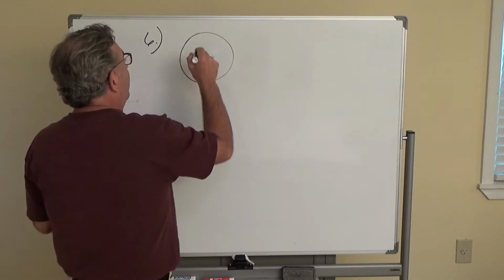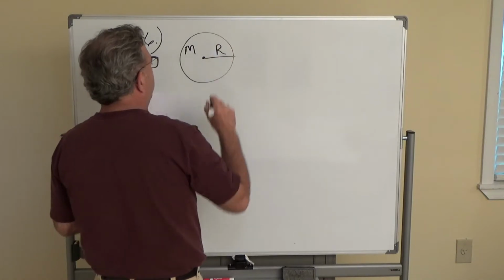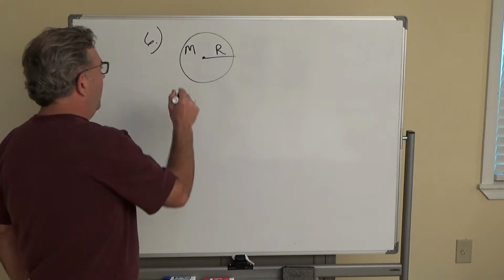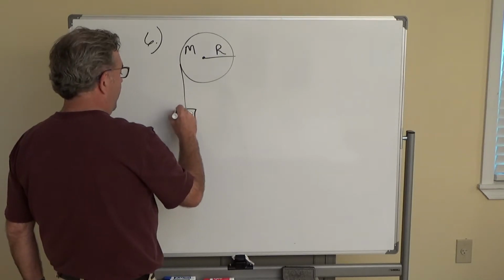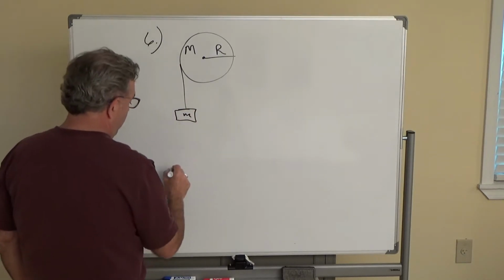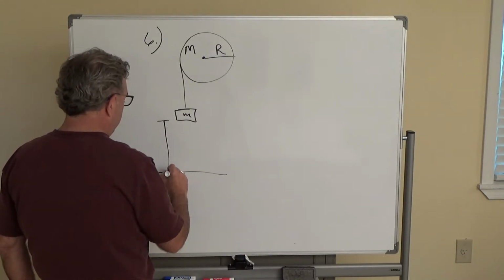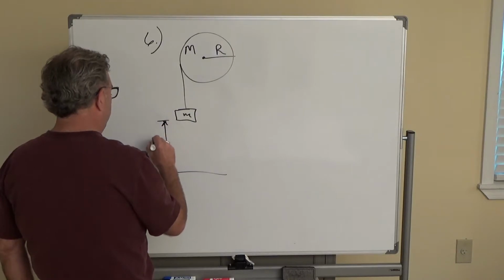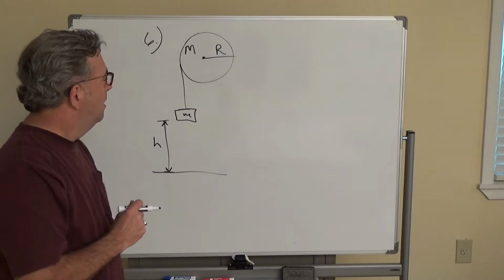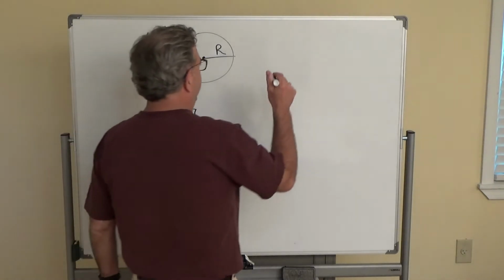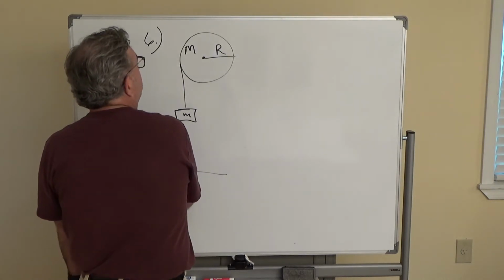The disk has a total mass M and radius R, and hanging from it is a mass m. That mass m is some distance h above the ground. So let's draw a free body diagram for the disk and for the hanging mass.